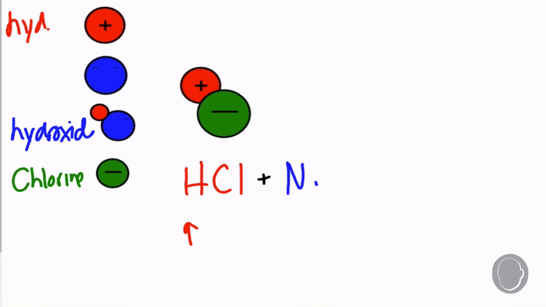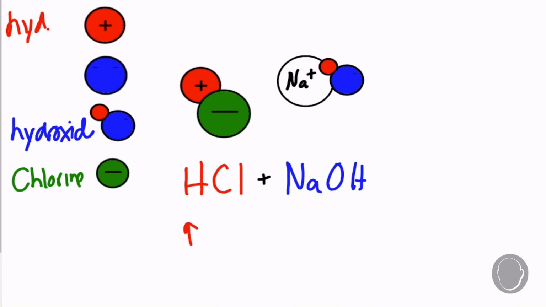And because I keep forgetting to make my sodium, I'll just grab one of these guys from up here, and we'll draw it out, sodium, and then we'll grab a hydroxide, and I'll put it in there, Na plus, and that's OH minus, and you can see there's our base.